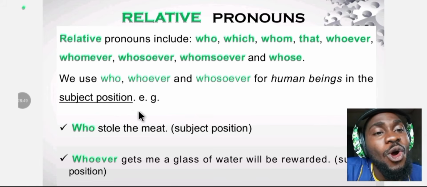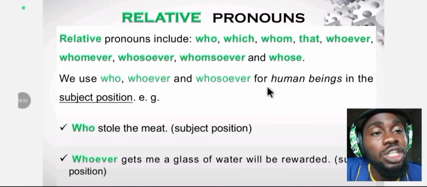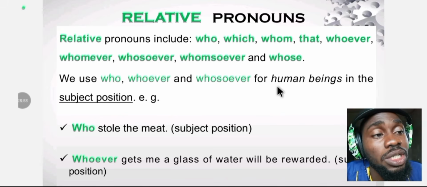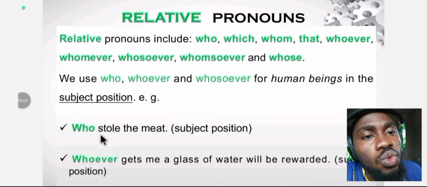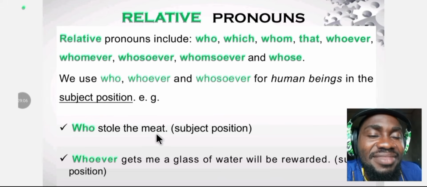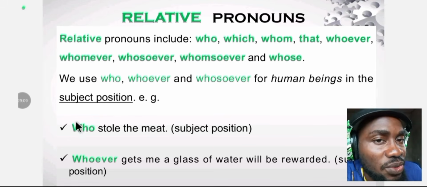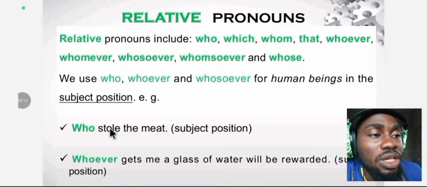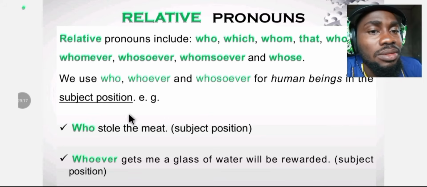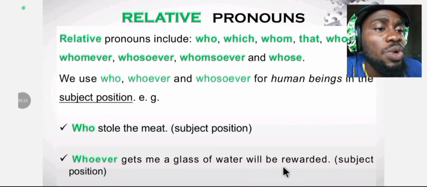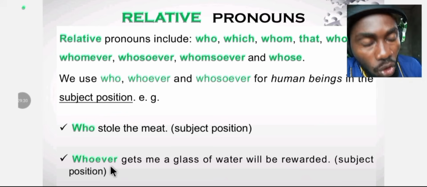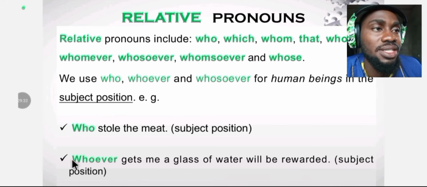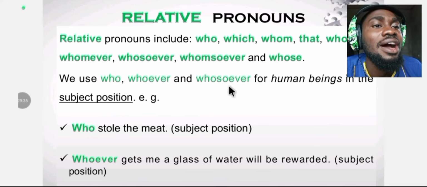All the who forms that do not have whom should be on the subject position, and it is used for human beings. For example, who stole the meat? Subject position. Can you see? Who was used for a human being on the subject position. The next example says, whoever gets me a glass of water will be rewarded. Subject position. Whoever, remember, used on human beings on the subject position. Who, whoever, and whosoever.